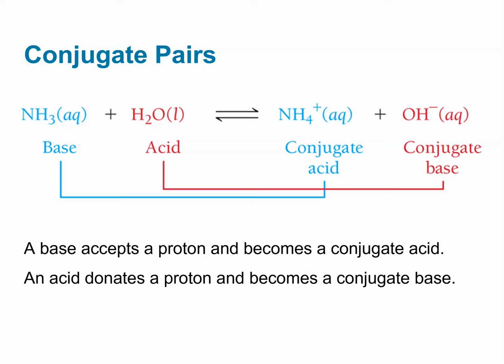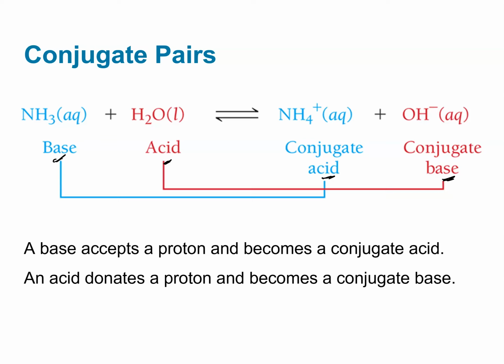So whenever you have a balanced acid-base reaction, like we have right here, where you have ammonia reacting with water, forming an equilibrium solution of ammonium and hydroxide, you can see that the base accepts a proton, becoming a conjugate acid, and the acid donates that proton to the base, becoming the conjugate base.